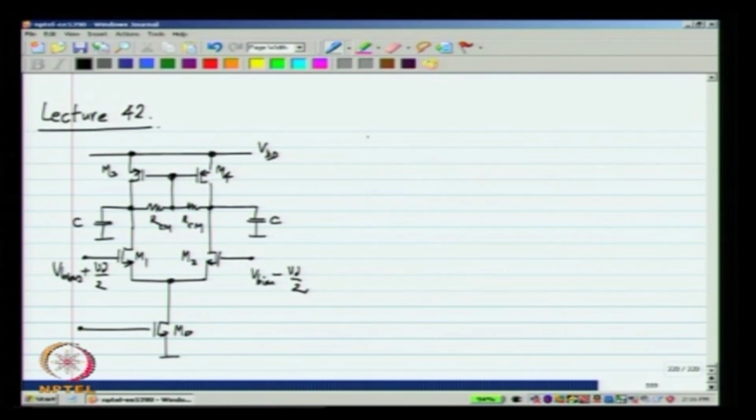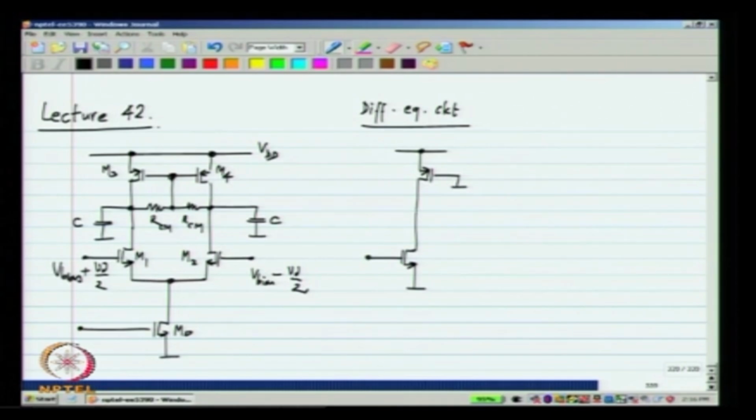Now the differential equivalent circuit is very simple. Okay.